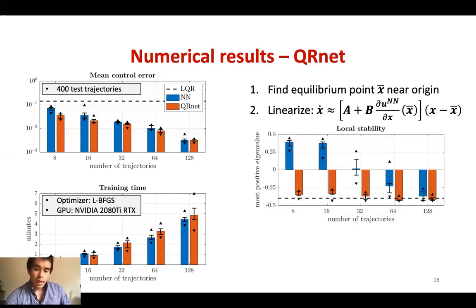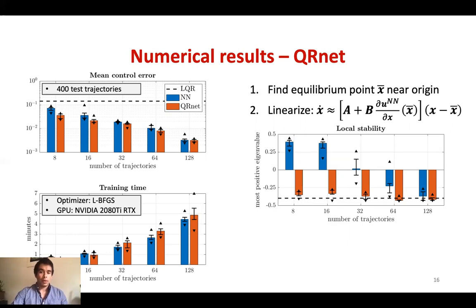If we start by looking at the linear stability of the system, we're going to find an equilibrium point for each of these that's close to the origin. There might be many equilibria for each of these, and they're not necessarily at the origin, but we can do some root finding, find one that is close to the origin, and look at the local stability there. If you plot the largest eigenvalue, hopefully it's going to be negative, right? But unfortunately, if you look at the plain neural networks, those blue bars, you see that unless you train with a lot of trajectories, there's a pretty good chance that you're going to be unstable.